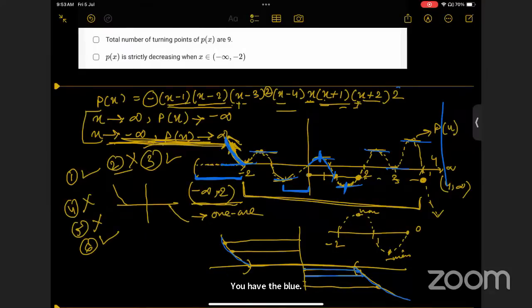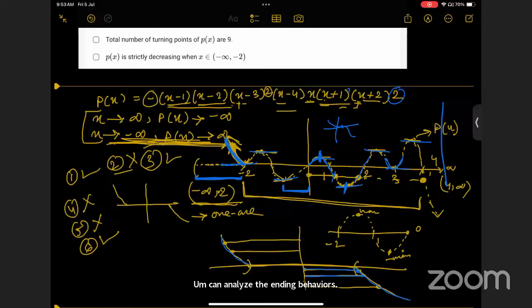You have already learned that if you have an even power, it will touch and bounce back. If you have a linear power, it will just cross the point, and if you have an odd power, it will have something like that at that point. So you can use these things to analyze the end behaviors. Then you can plot the graph.